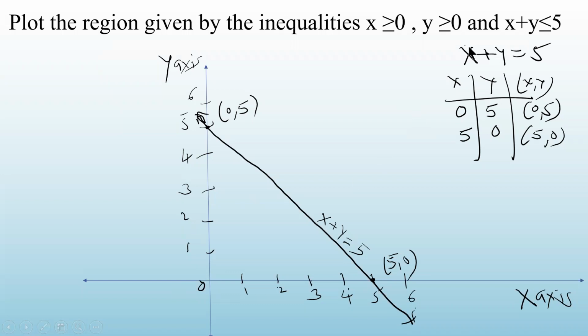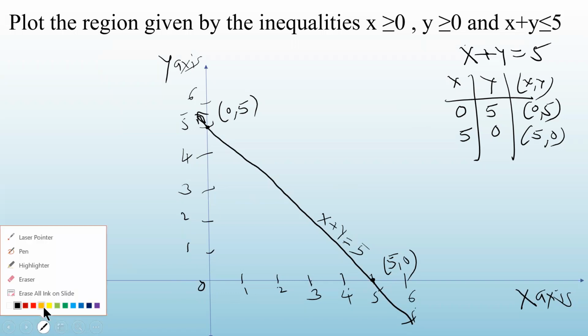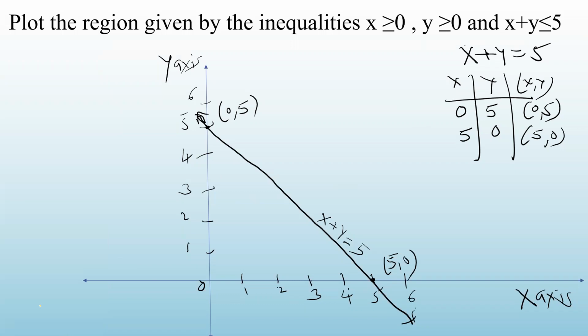I'm taking 0, 0. When I put x equal to 0, y equal to 0, I'll get 0. And 0 is less than 5. So that means which portion is represented by this? Let us mark that portion by orange. So it is everything below the line and on the line also, because I'm talking about less than or equal to, because of this equal to also.